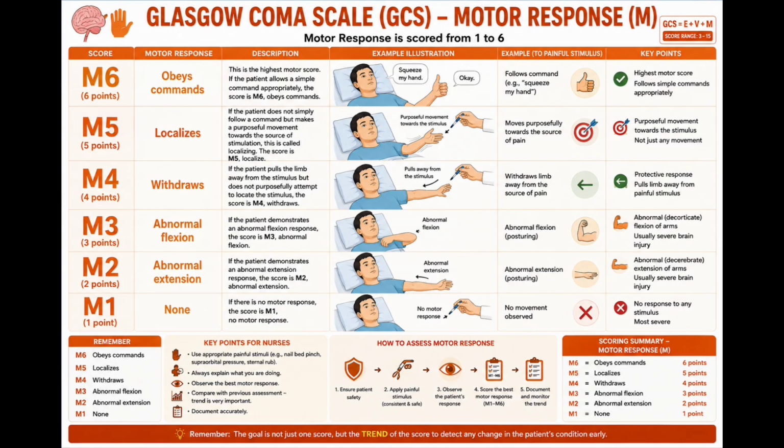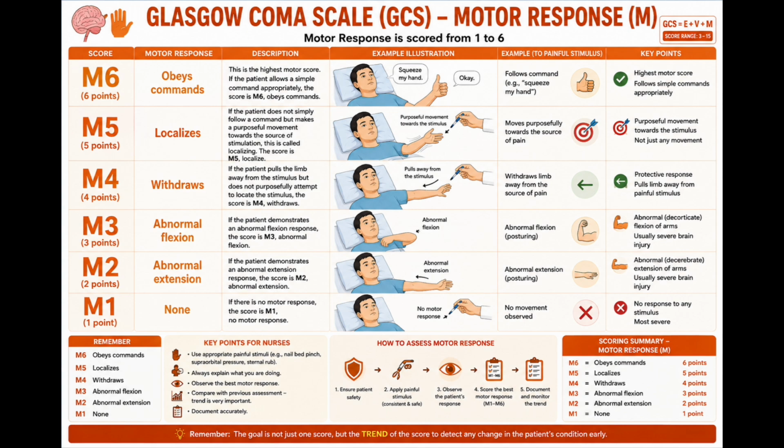M3, abnormal flexion. If the patient demonstrates an abnormal flexion response, the score is M3, or abnormal flexion. M2, abnormal extension. If the patient demonstrates an abnormal extension response, the score is M2, or abnormal extension.